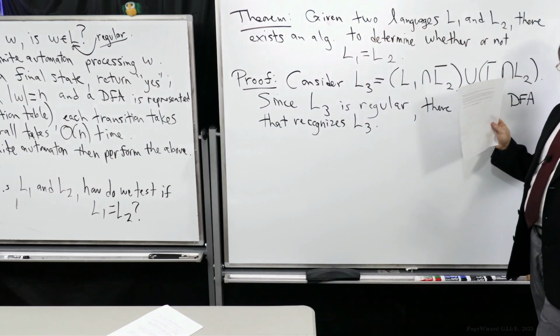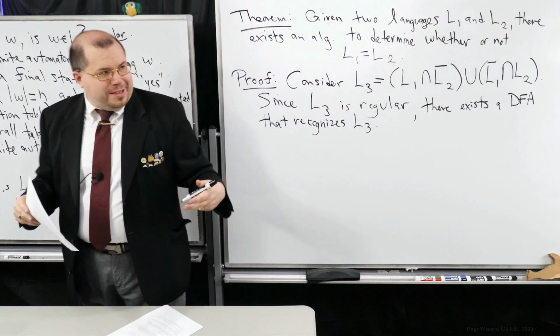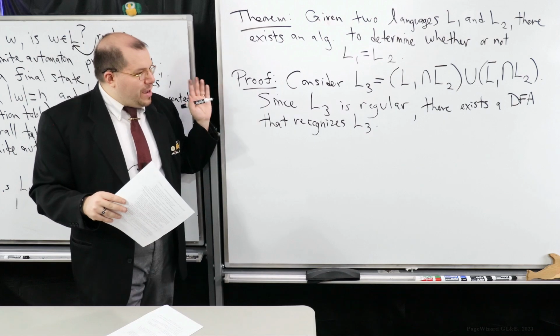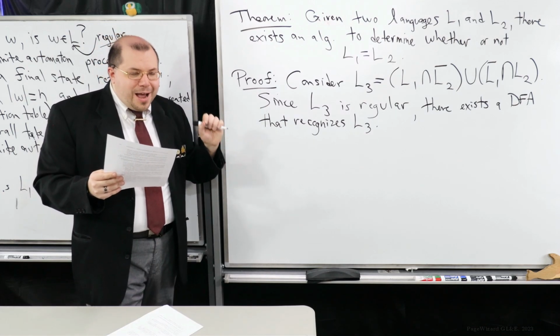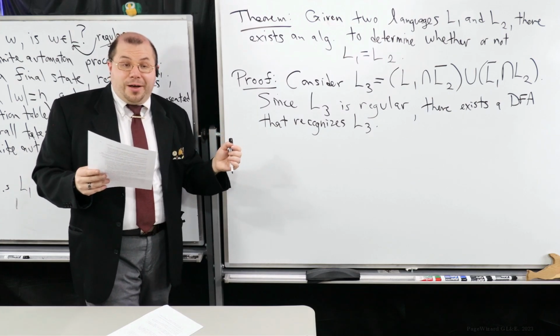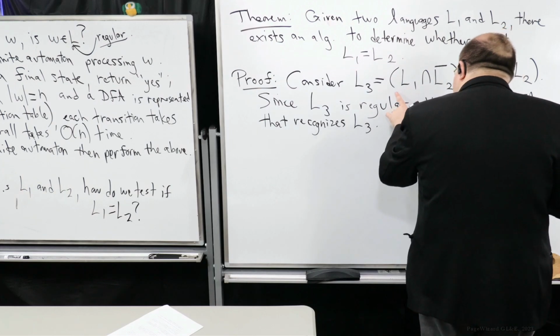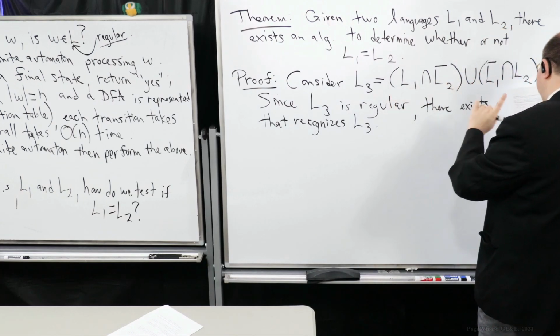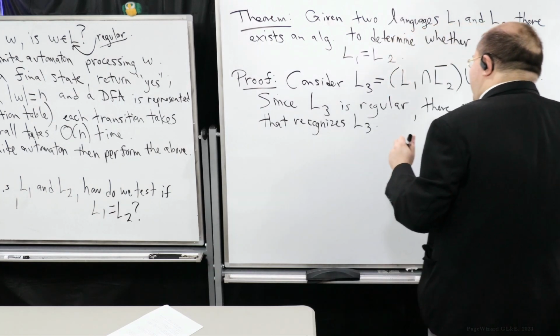Now, you might ask, Dan, what's the algorithm going to look like? Well, I'm going to come up with this DFA. Then I'm going to test for emptiness on L3. If you're looking very carefully at this, you might notice that I'm actually describing something that looks like set difference. So I'll get to that in a moment.